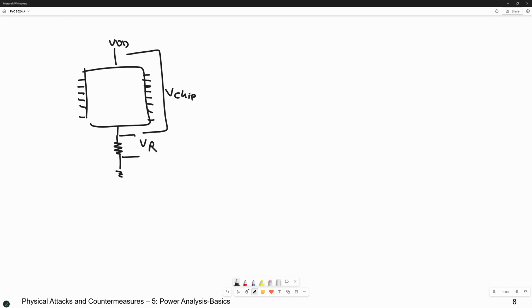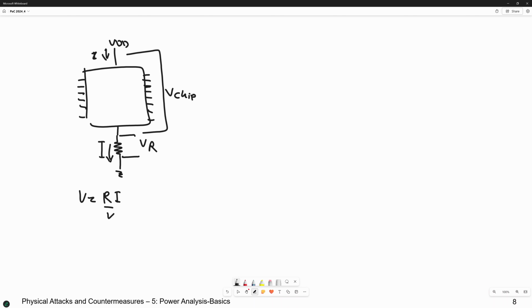When the VDD is fixed and you measure VR, when the current passing through this changes, the same I is actually passing here as well. And what you learned before in physics, V equals what? R times I.